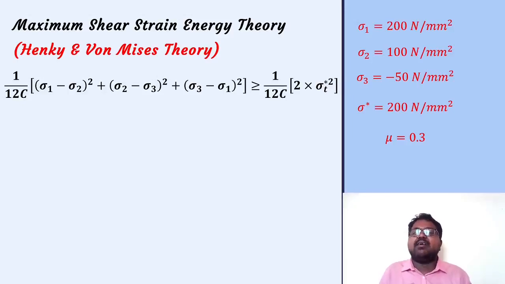If it is greater than 1 by 12C of 2 times sigma T square, then the member will fail.